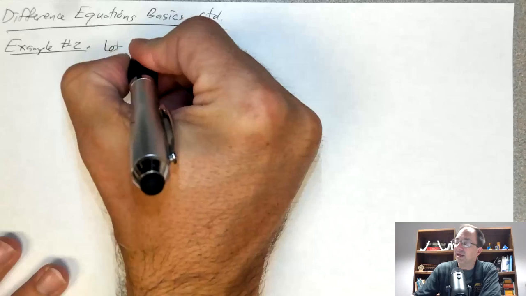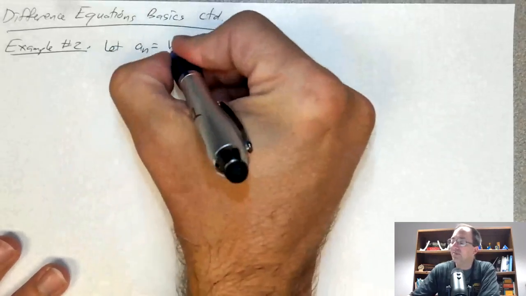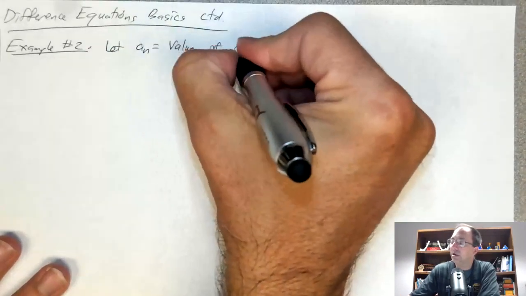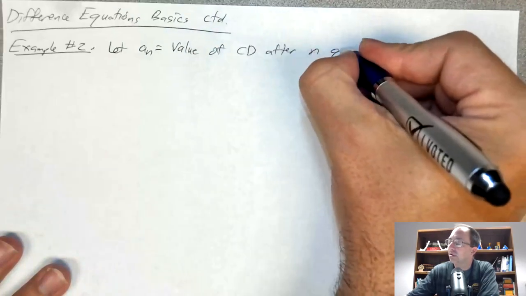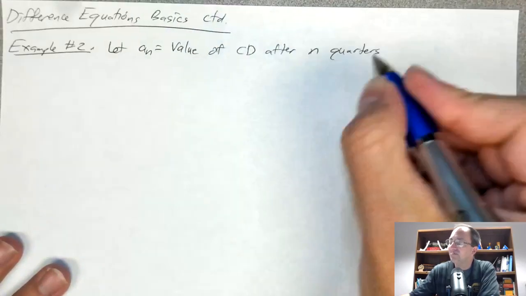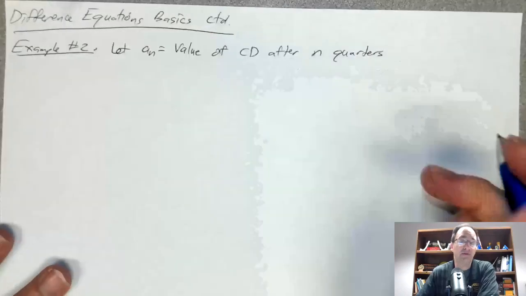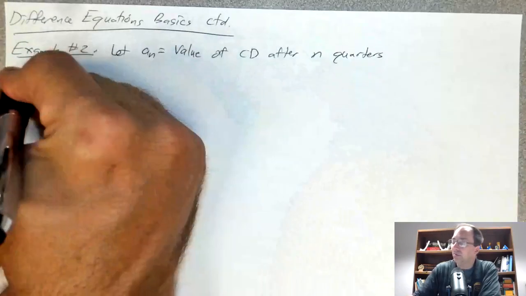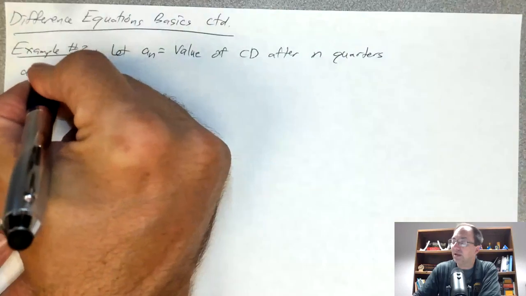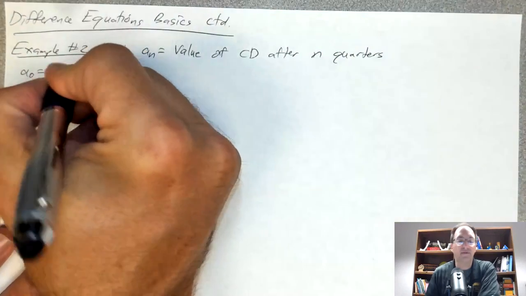So we're going to let A sub n equal the value of the CD after n quarters. And it's best to use a time period that matches how often it's compounded. Now, we're investing $5,000, so that immediately tells us that A sub naught is 5,000.